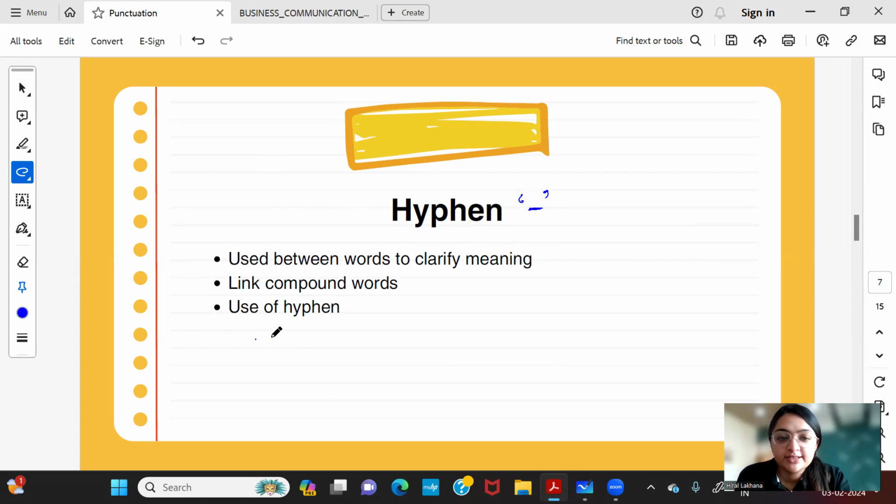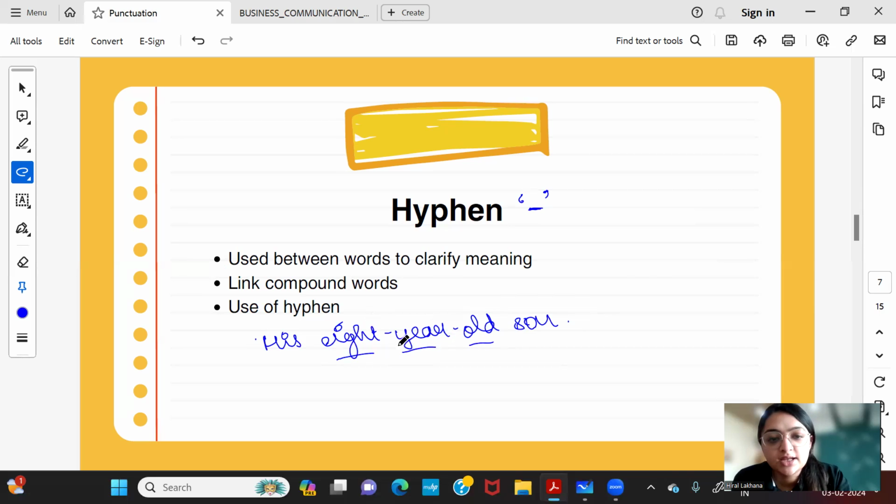So say, for example, if we are saying his 8-year-old son. So in this case, even though 8-year-old are three different distinct words, we have used hyphen in between to indicate that this needs to be read as one whole compound word.